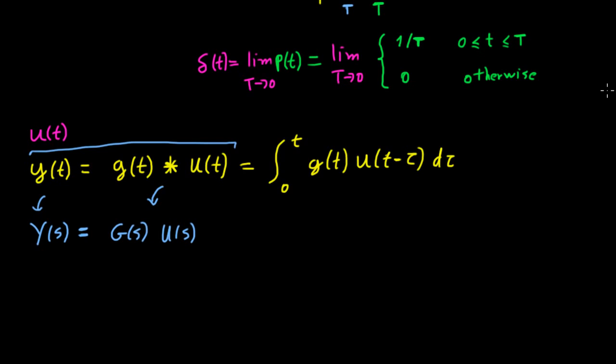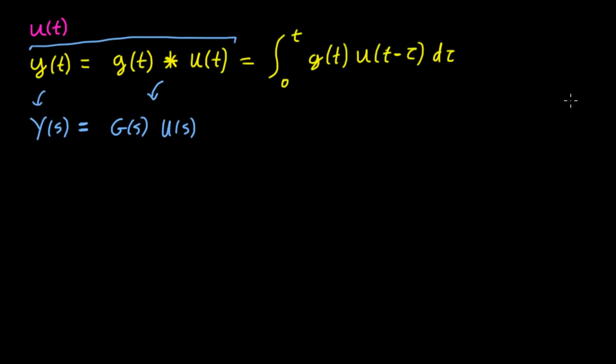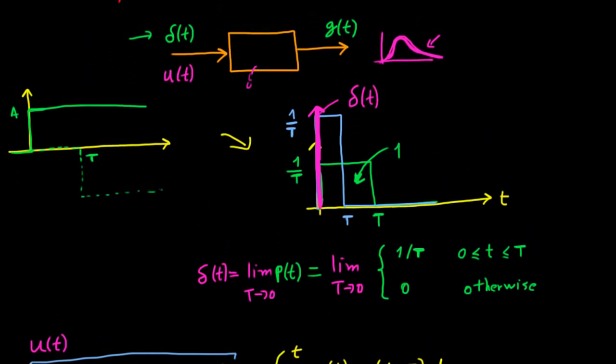And now you can see that, just as in the previous video, we can get the transfer function, the Laplace transform of the output, just by multiplying the Laplace transform of the input by G(s), the Laplace transform of the output of the system when the input is a unit impulse.